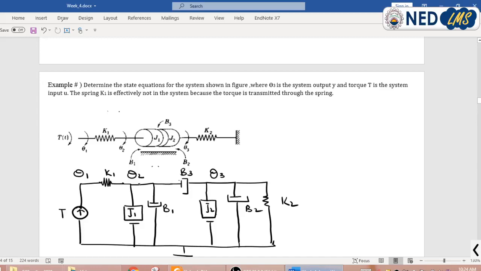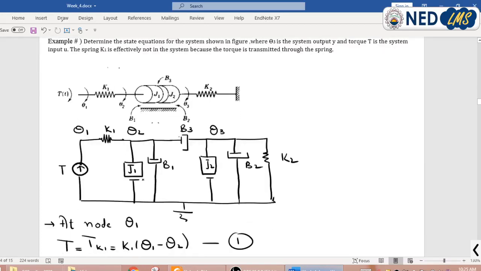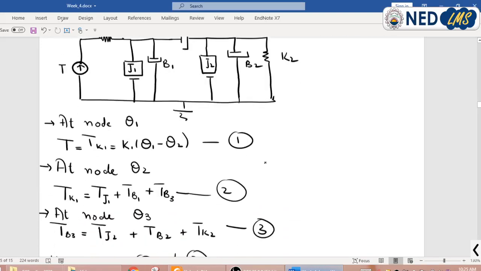So omega 2 is our state variable because moment of inertia stores energy due to this omega 2. Similarly, omega 3 will be our state variable because we have a moment of inertia at node 3. Similarly, we have a K2 energy storing element, spring, at node 3. So theta 3, basically angular displacement, is our state variable. K1 is no more an effective part, so we don't have any other state variable. So we will have 3 state variables: omega 2, omega 3, and this theta 3.